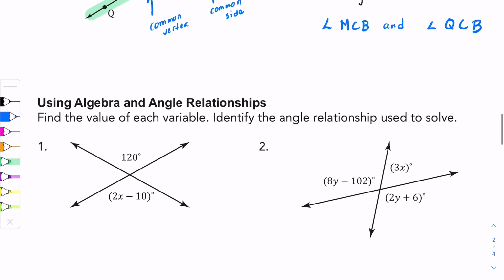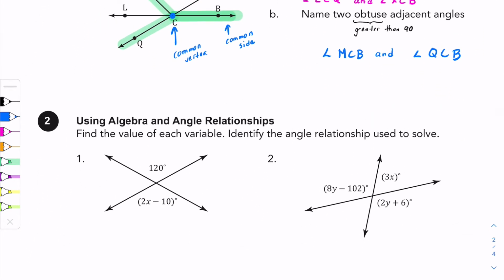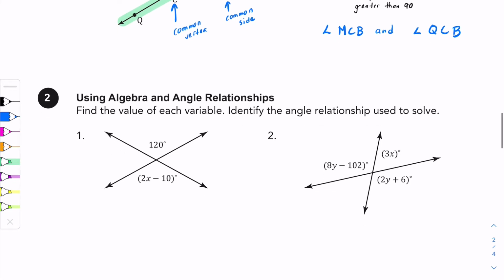Next, we're going to use our angle pairs, so the relationship between two angles, in order to find the value of the variable. We also are going to identify what we're using in order to solve. Number 1, I hope everyone recognizes right away, it has the appearance of an X, and we have a common vertex.